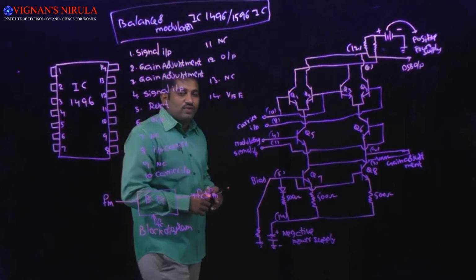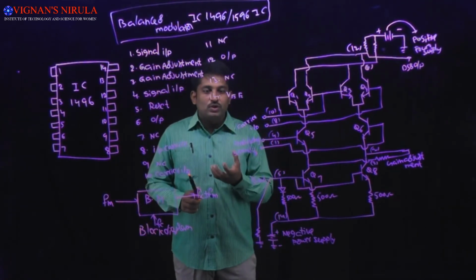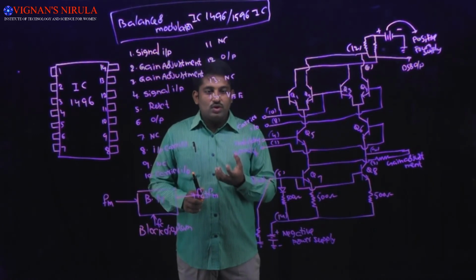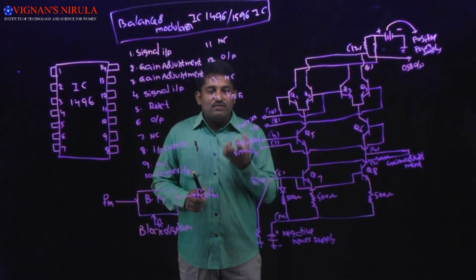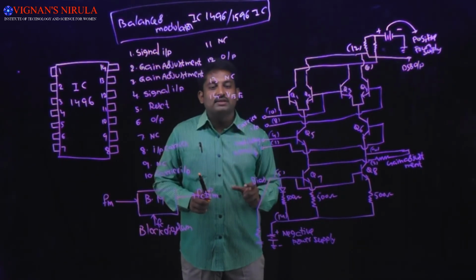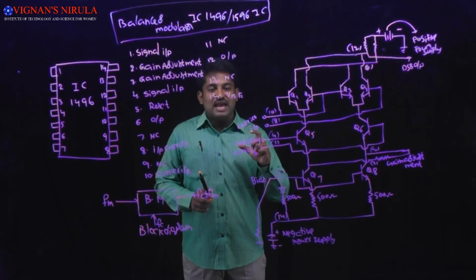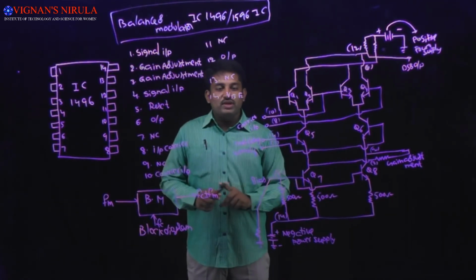We all very well know that a balanced modulator accepts two frequencies. One is the modulating frequency and the other one is the carrier frequency, and we all very well know that the carrier frequency is higher than the modulating frequency.